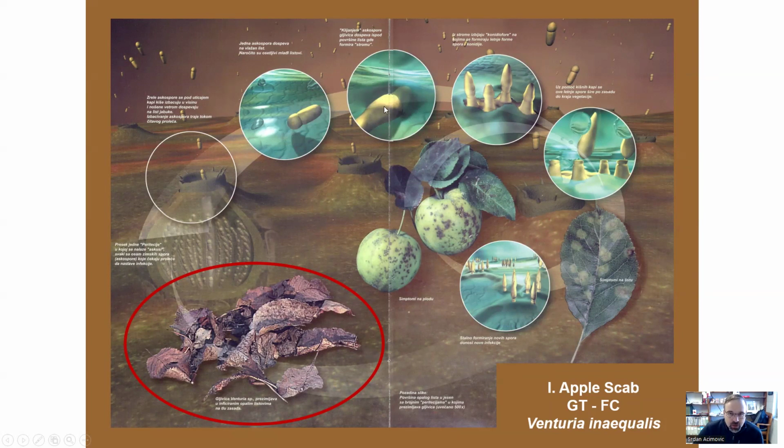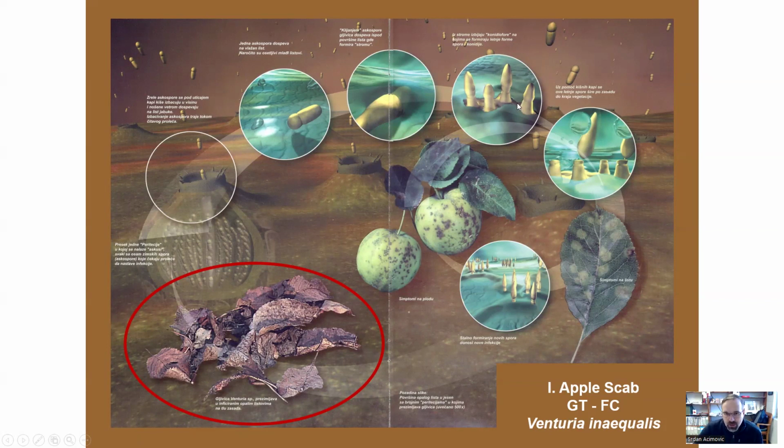Once the infection occurs and they penetrate through the cuticle of the leaf or fruit, the pathogen goes through the incubation period and forms conidia, which you can see here as candle-like light spores, or conidia, asexual spores that protrude through the skin or the waxy cuticle of the fruit.